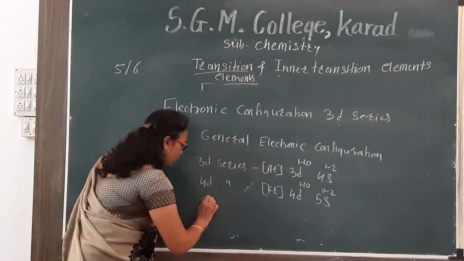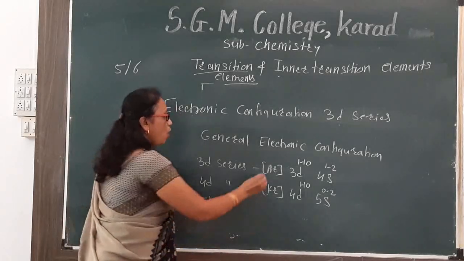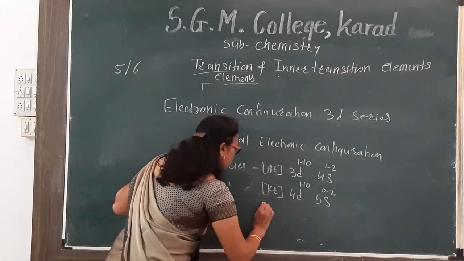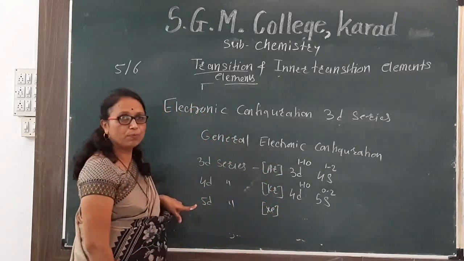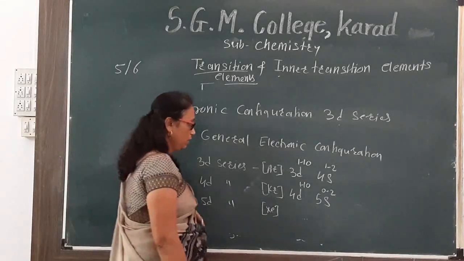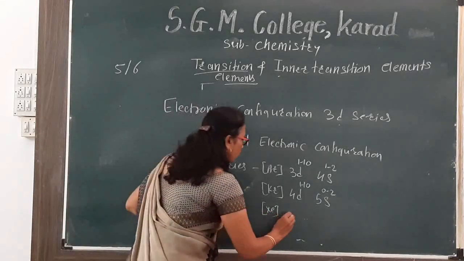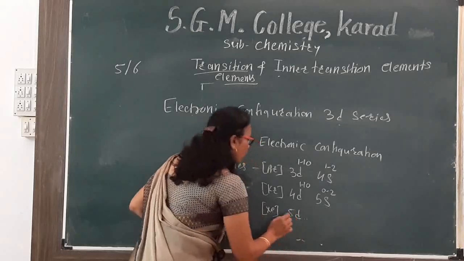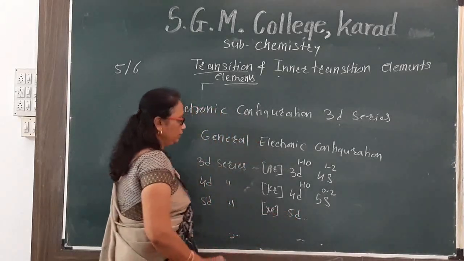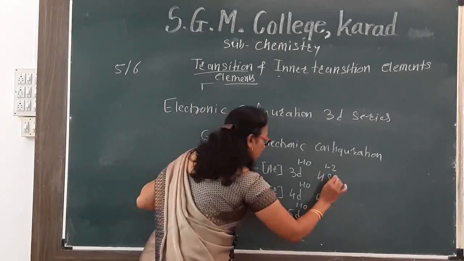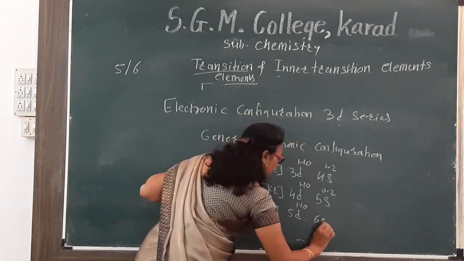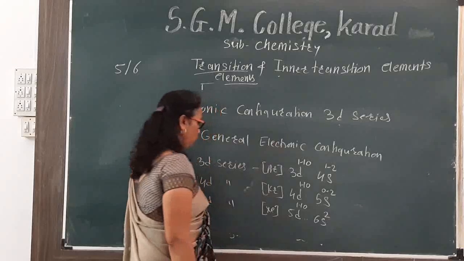After 3d comes 4d, after 4s comes 5s. Then the next, the 5d series: argon, krypton, xenon. The nearest inert gas of the 5d series is xenon. The configuration is xenon 5d1 to 10, 6s2, because here 5d electrons are filling.